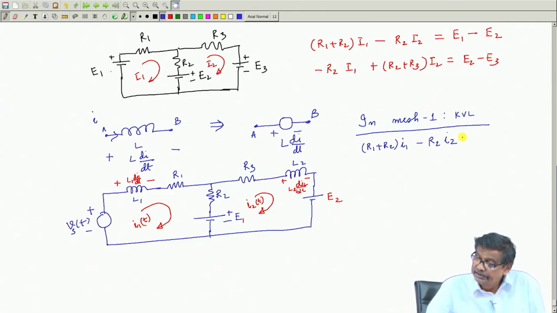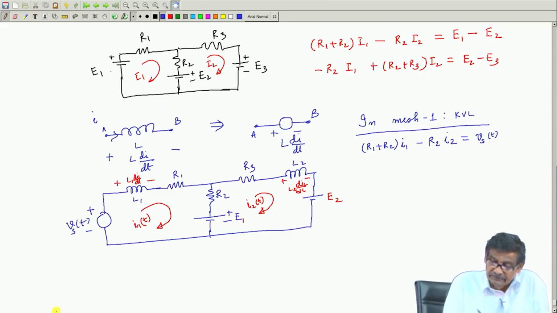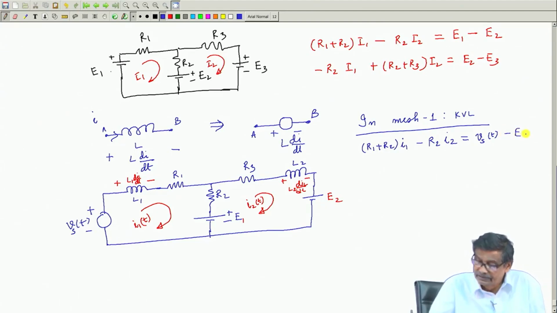And then this should be equal to all the sources, which I will write on the right hand side. As you can see, the polarity of the supply voltage is such that I will write v(t) the same way as i1, then minus E1, we know this.